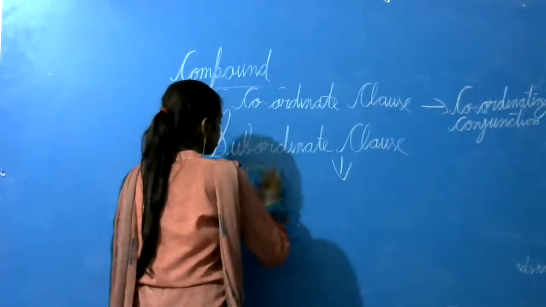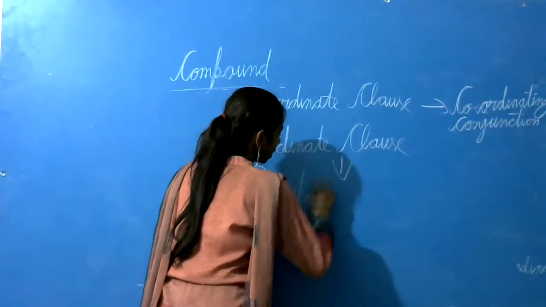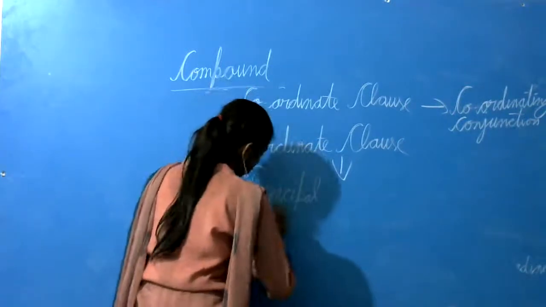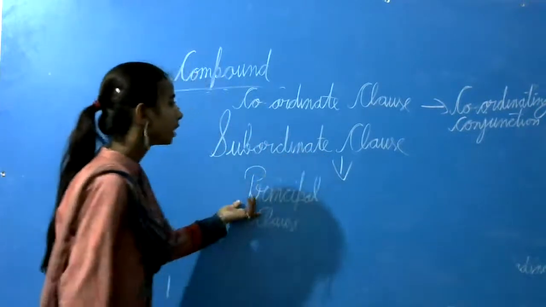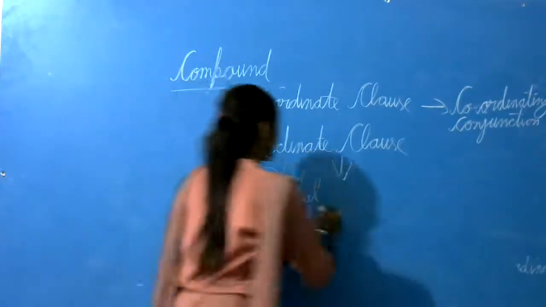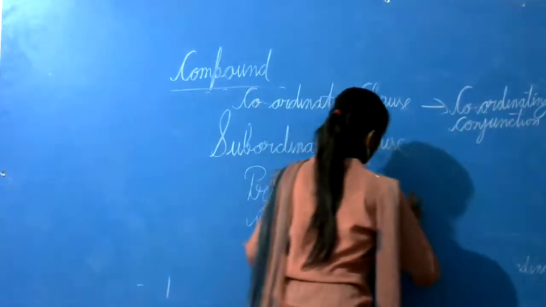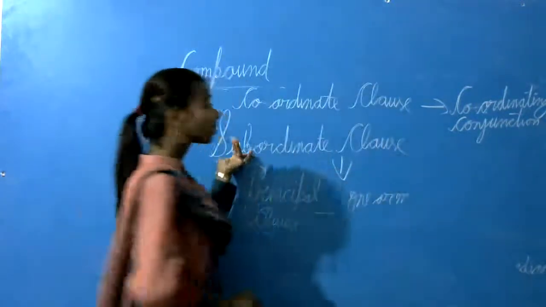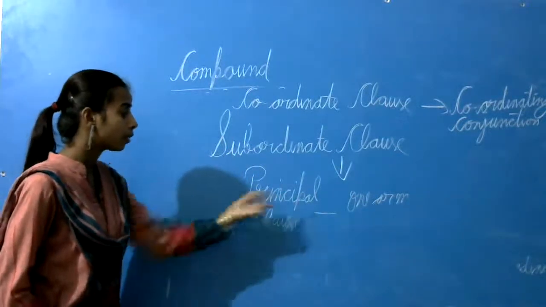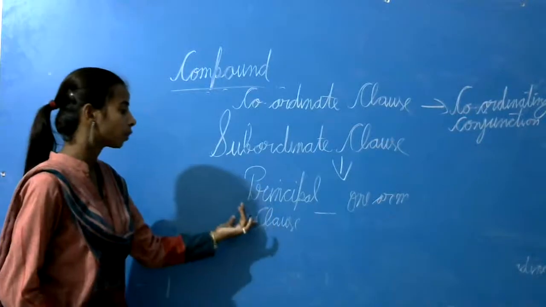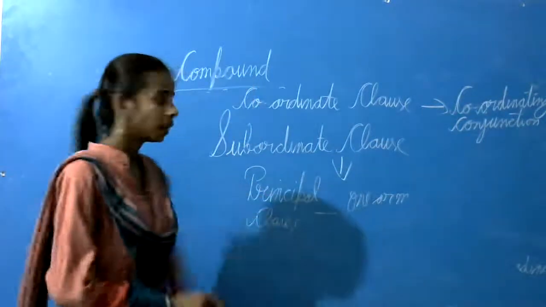Next is subordinate. When one principal clause, we can say principal clause or independent clause, I just told you in simple sentence, and one or more subordinate clauses. Subordinate means it is dependent. Dependent clause, it depends on the principal clause. मेन वाक्य पे जो मुख्य वाक्य होता है उस पे वो सेकंड वाला जो हमारा क्लॉज यूज होगा वो डिपेंड होता है. Understood?